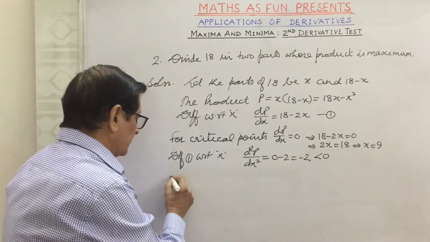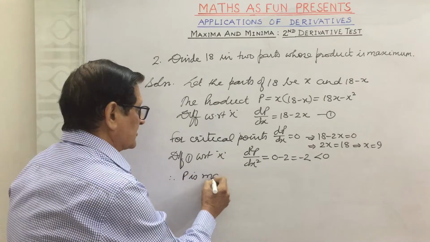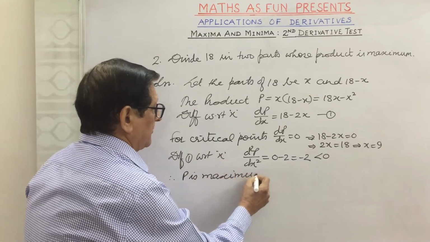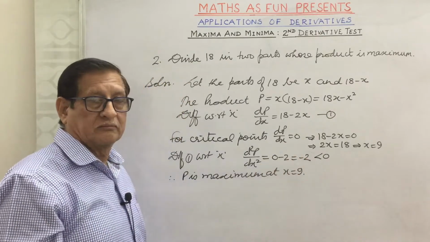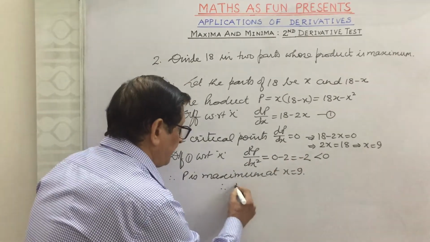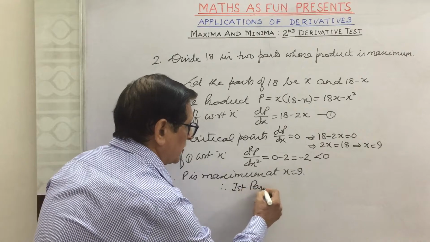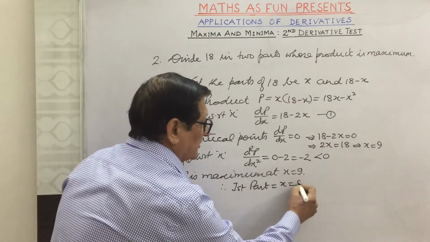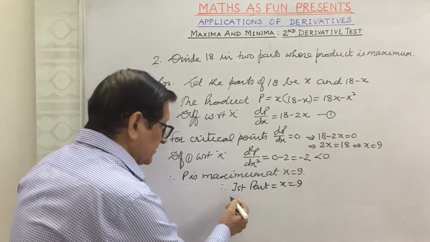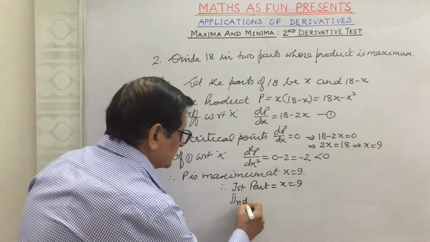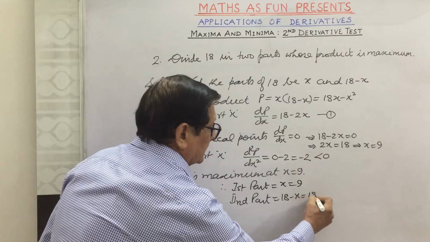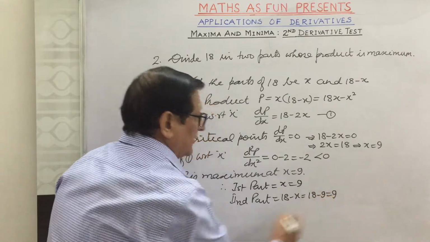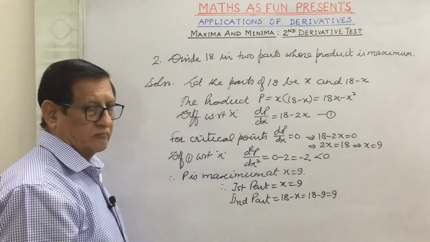We can write therefore P is maximum at x is equal to 9. Therefore the first part is equal to x, that is 9, and the second part is 18 minus x, that is 18 minus 9 or 9. It means both the parts are equal.